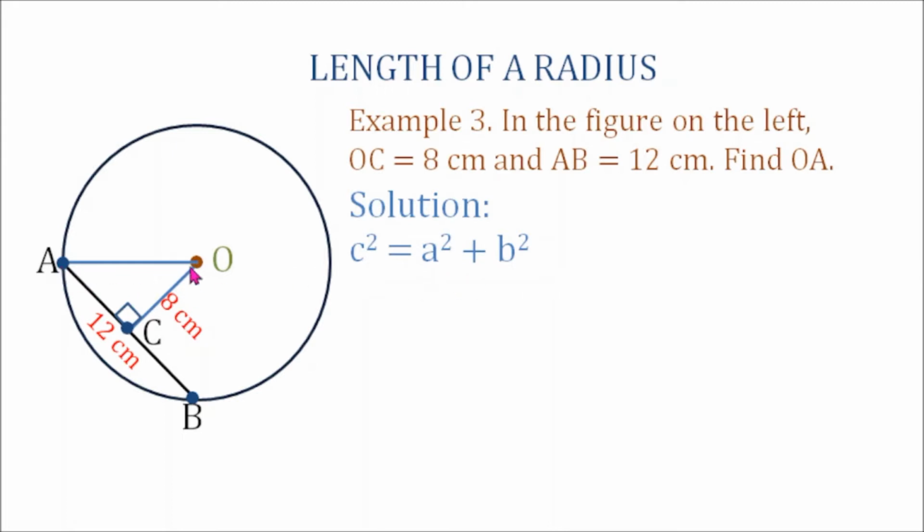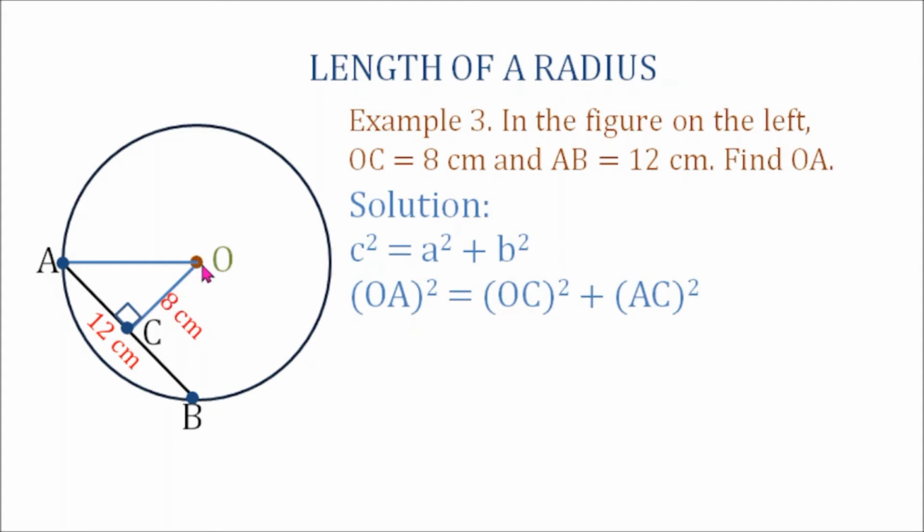Here our hypotenuse is OA. Then we can assign OC as our side A and AC as our side B. So we have the quantity OA squared equals the quantity OC squared plus the quantity AC squared.